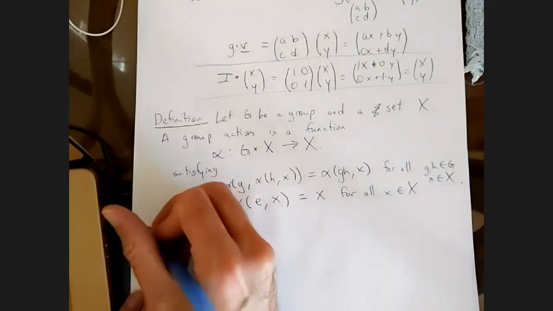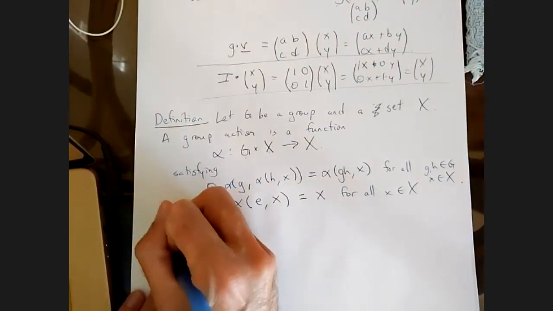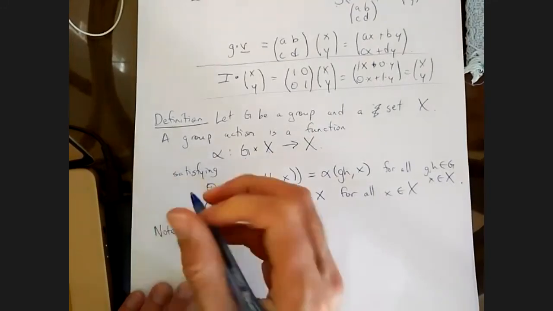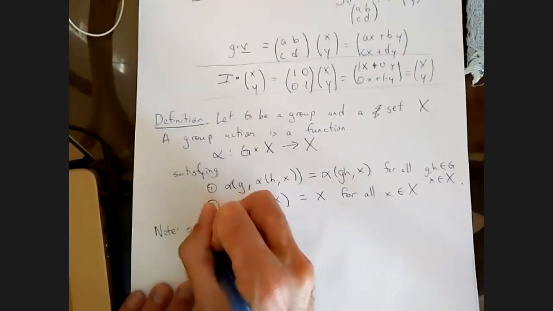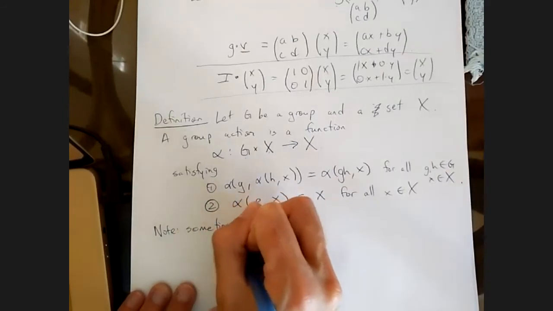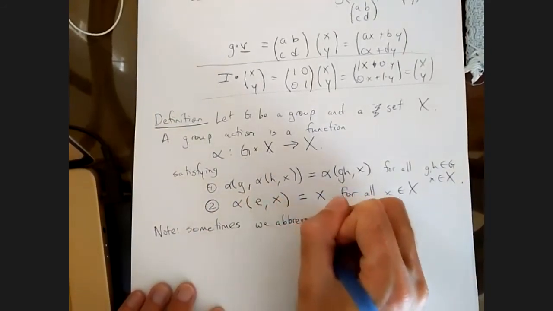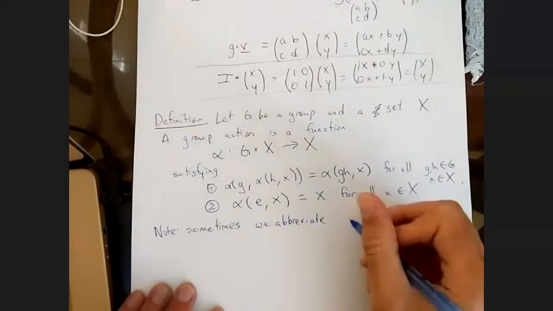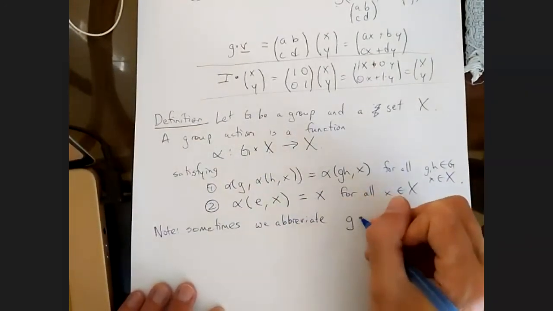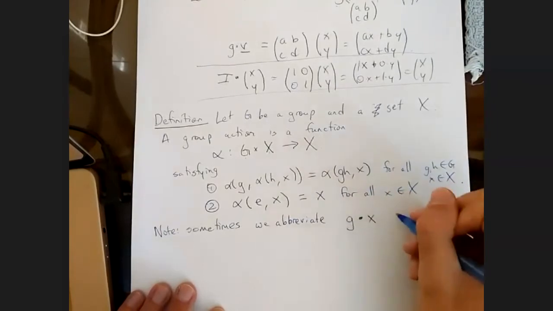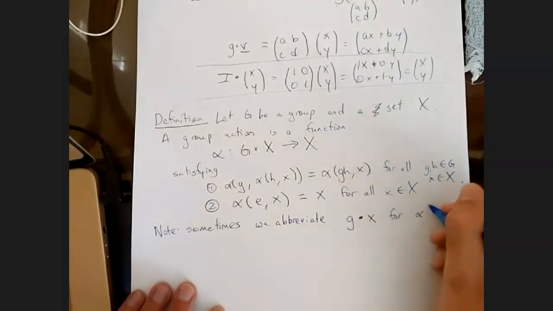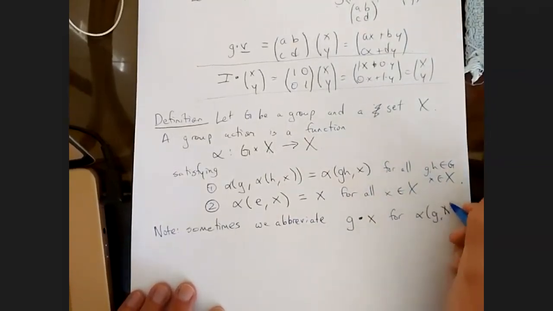So I just want to make a note. Sometimes you just abbreviate, we leave out the alpha: G times X for alpha G X.